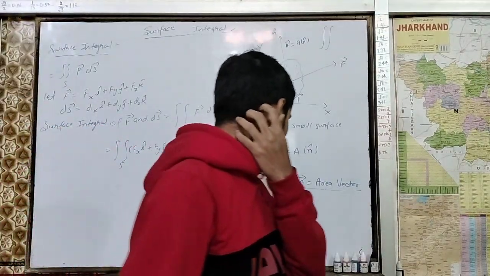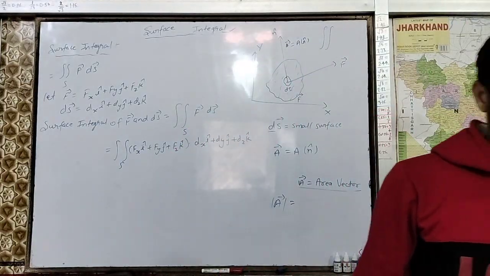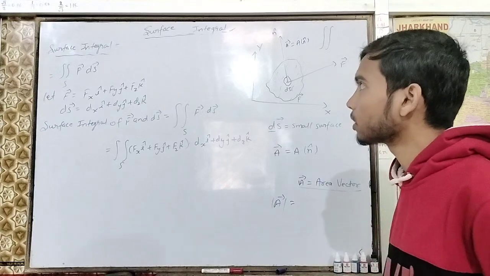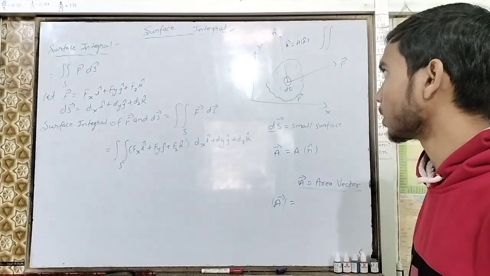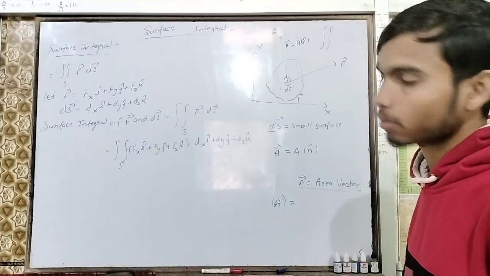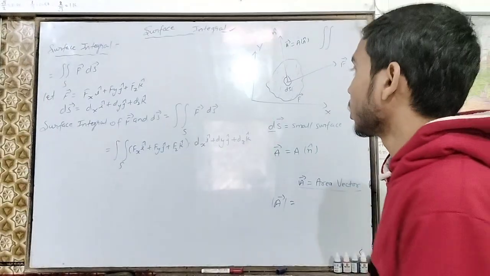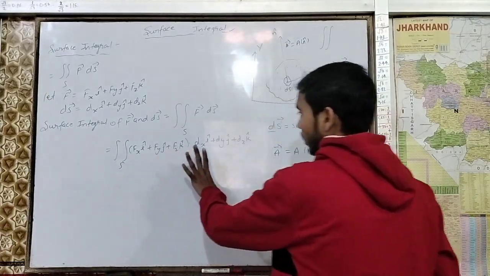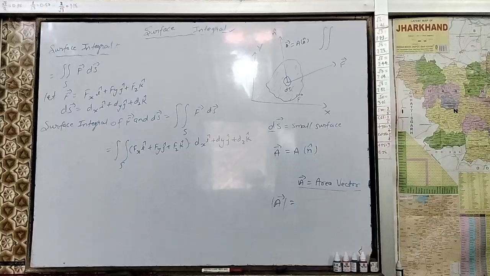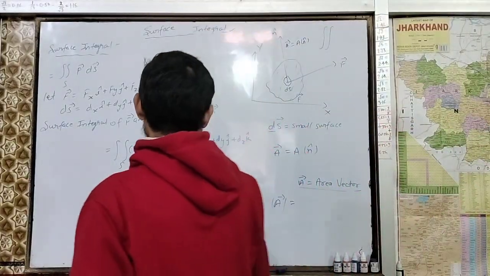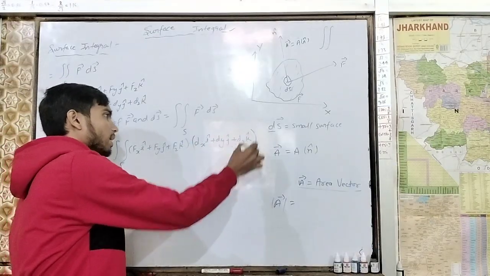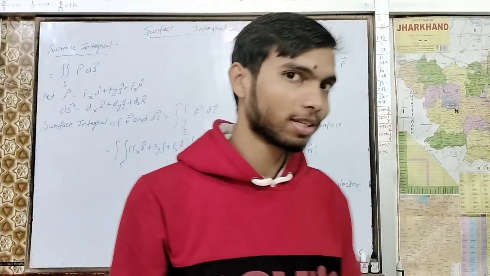Remember, the line integral is a scalar quantity. The surface integral is also a scalar quantity. Here we have i, j, k cap, so of course it is providing a vector. What do you think? Here it is a dot product, so don't you think that at the end we will get only a magnitude?